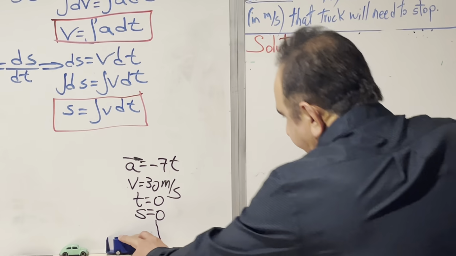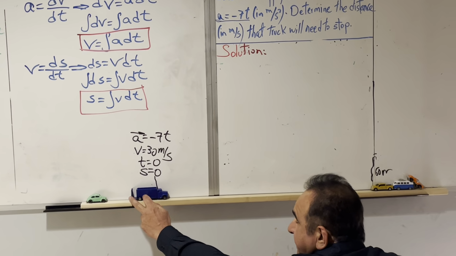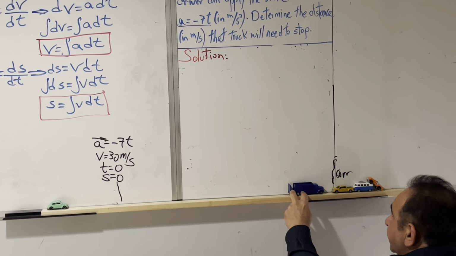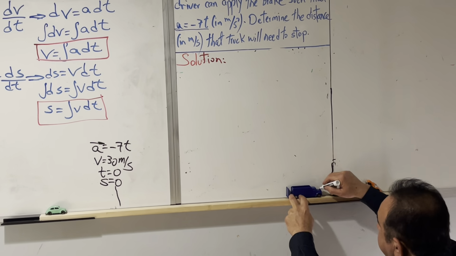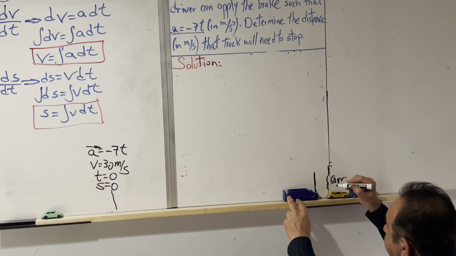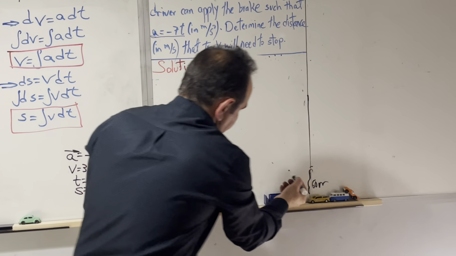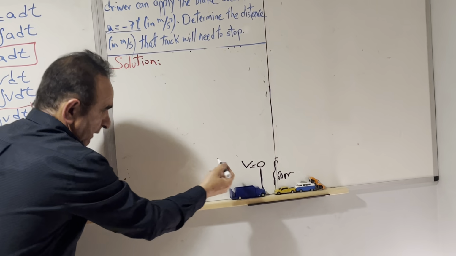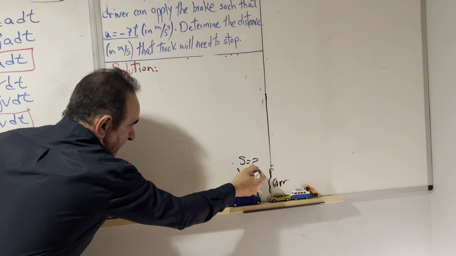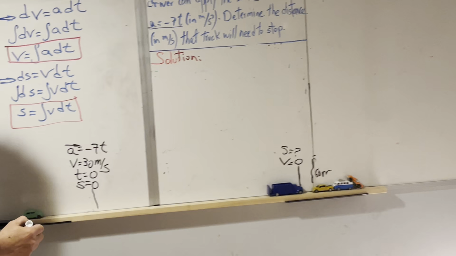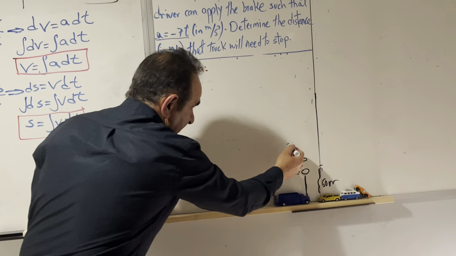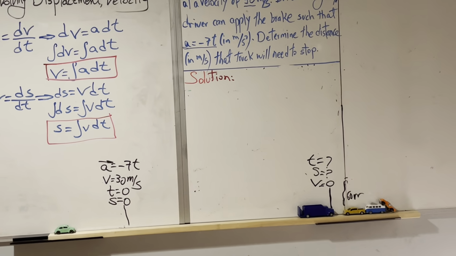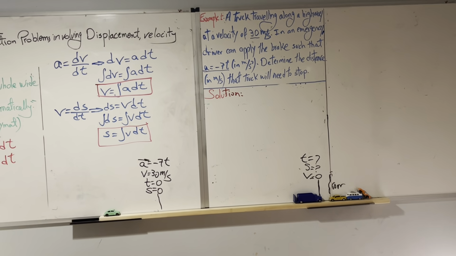The driver applies the brake and the truck just slows down, and the plan is to stop before the collision at this point here. At this point, the final velocity will be 0. We are looking for the final distance. We also have the time here, but we don't know it. And probably we will need to find it during the solution of the problem.